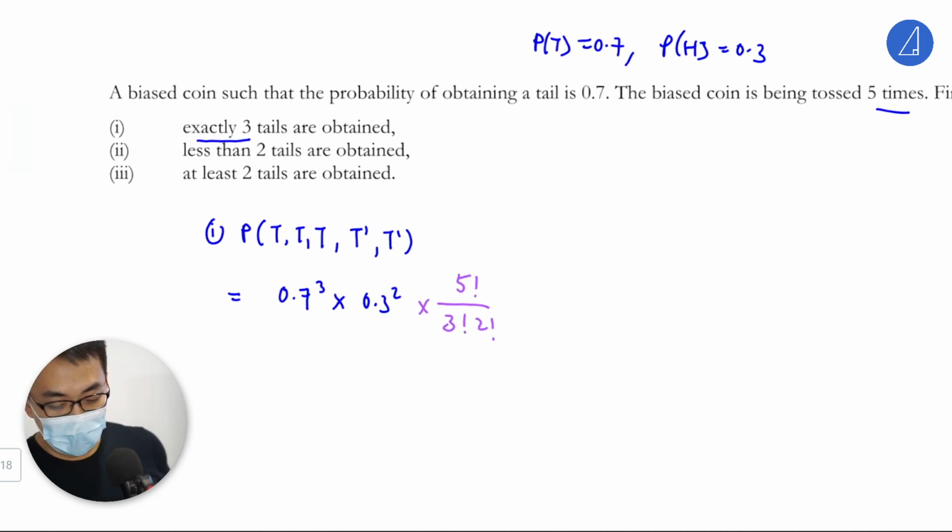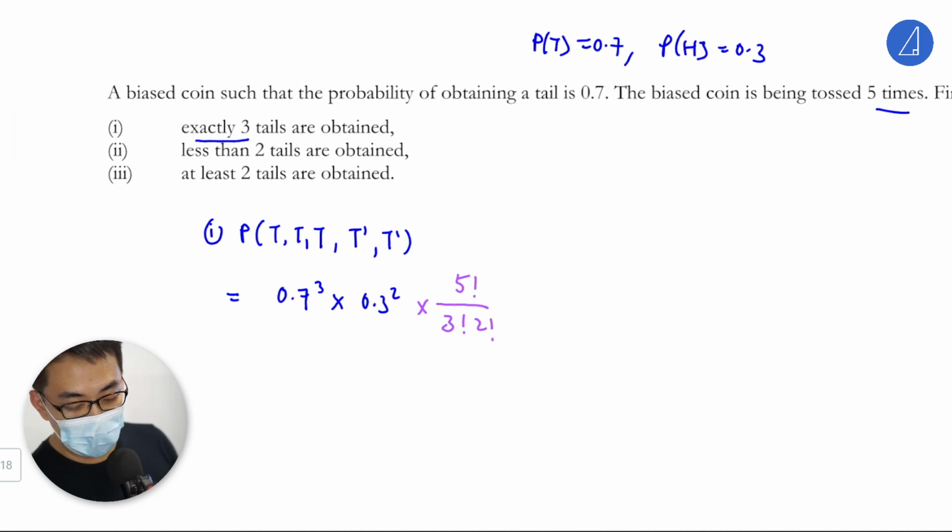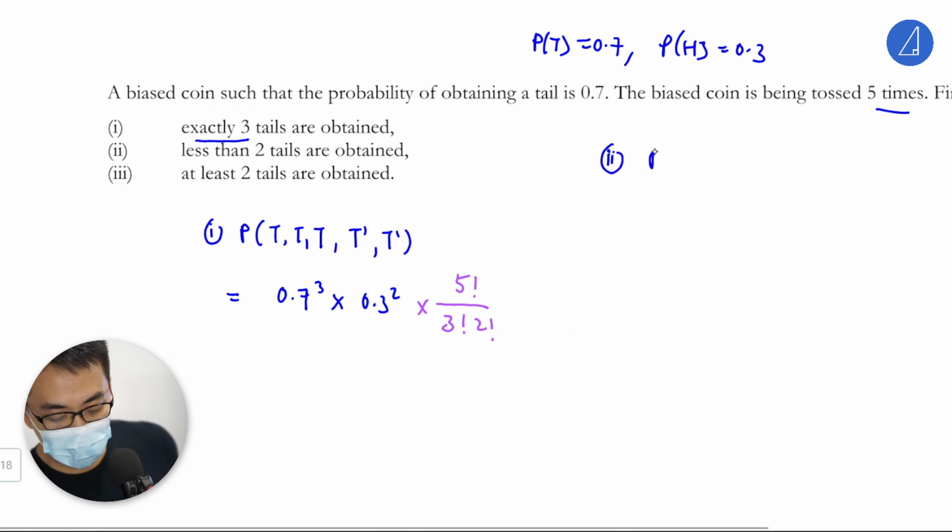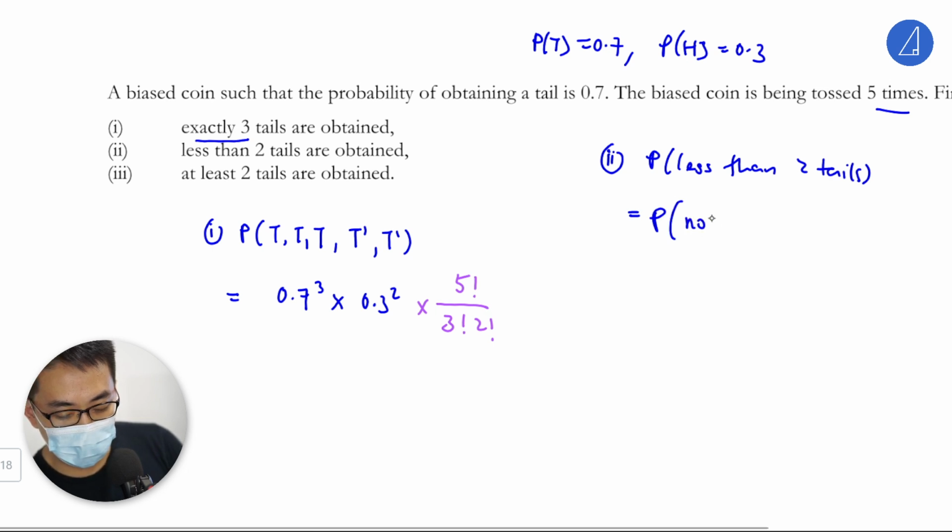This will be multiplied by 5 factorial over 3 factorial, 2 factorial. Then, in probability, you already learned that if you want less than 2 tails, you will get no tail plus 1 tail.